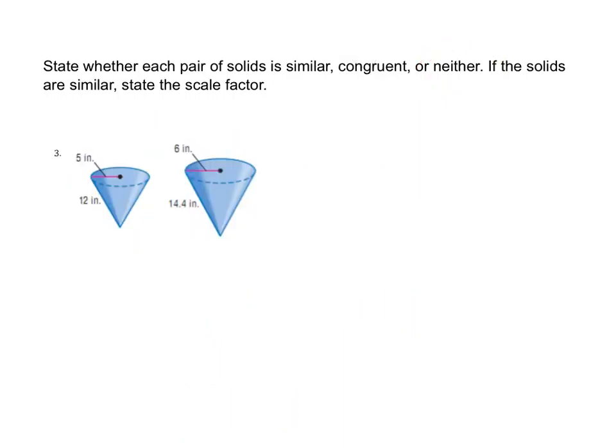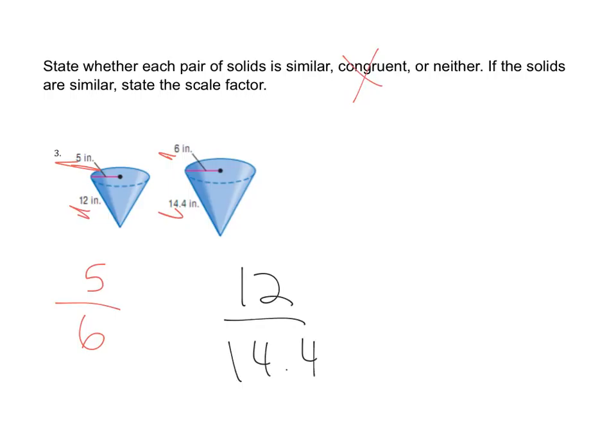Here, you've got radius and you've got slant height. You have to figure out whether they're similar, congruent, or neither. Well, 5 and 6 are different, so that eliminates congruent. Is 5 over 6 the same as 12 over 14.4? Well, 5 over 6 is 0.83 repeating, and 12 divided by 14.4 is also 0.83 repeating.